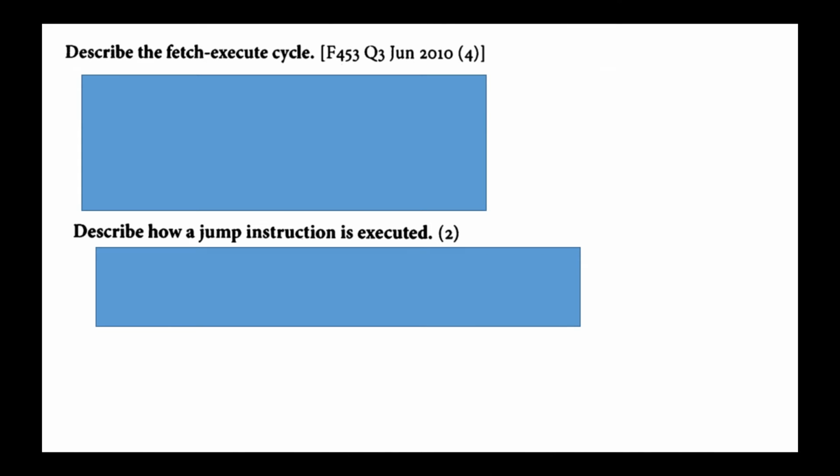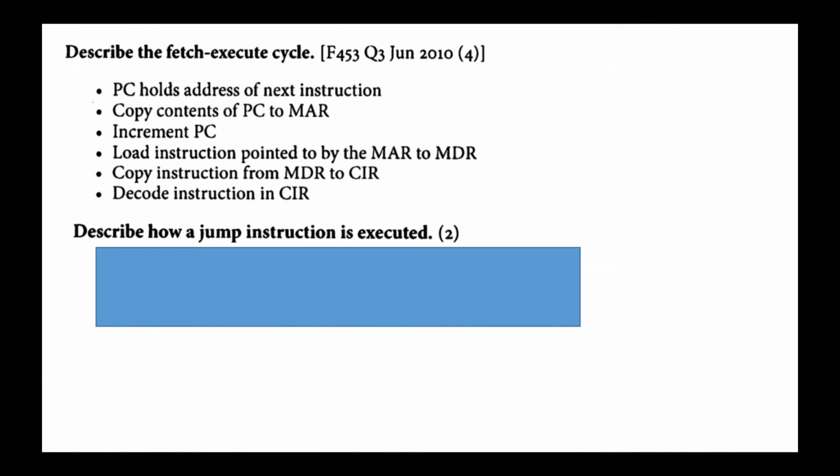Now describe the fetch execute cycle and describe how a jump instruction is executed. So the fetch execute cycle: the PC holds the address of the next instruction. It copies the contents of the PC to the MAR. The PC is incremented. Load the instruction pointed to by the MAR to the MDR.